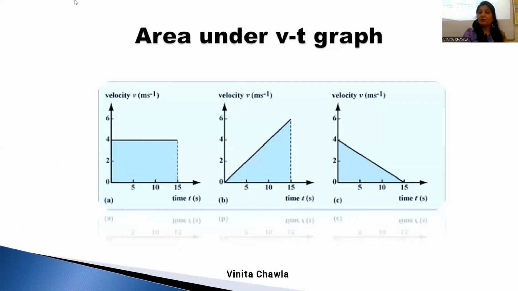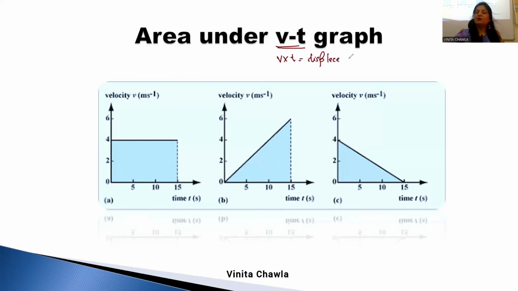Next, area under the VT graph gives what? Slope of the VT graph gives acceleration. Area under the VT graph is that quantity which we get on multiplying v and t. When we multiply velocity and time, we get displacement.